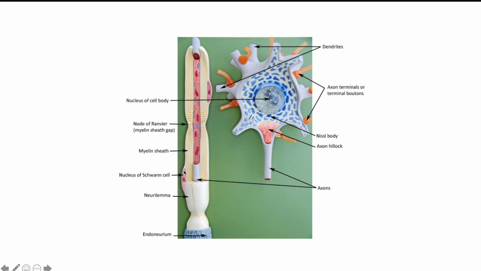And this Schwann cell secretes this layered myelin sheath, which is a type of coating that wraps around the axon. So notice that this center part is the axon, but this right here is the myelin sheath. And what that does is it insulates the electrical signal. It makes the signal also travel much faster down the axon.